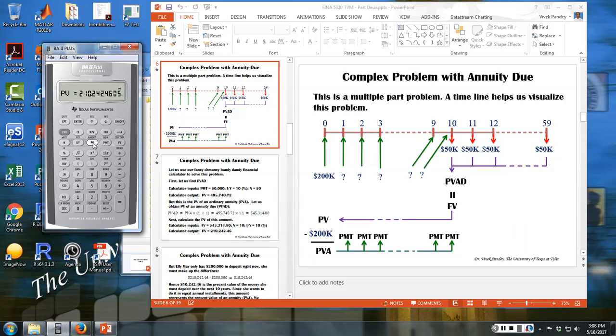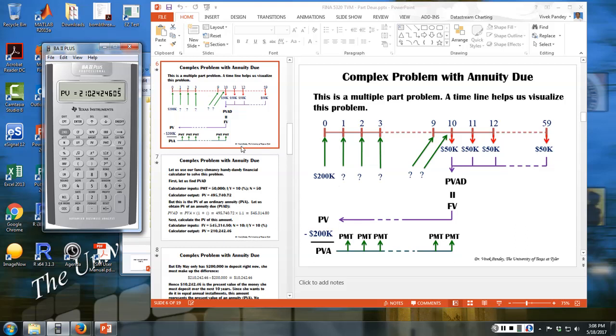Compute PV. And it turns out to be 210,242, right? Now, she has 200,000 to deposit, which is her inheritance. So she's got the 200 to deposit, but she needs 210 thousand plus.